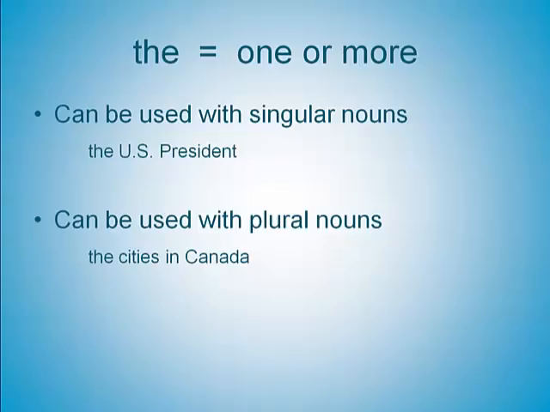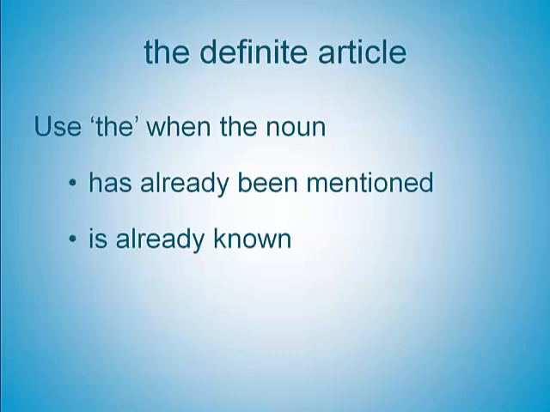Now let's talk about the other article, the. The can be used with singular nouns, one thing, like the U.S. President. It can also be used with plurals, more than one thing, like the cities in Canada. The is called the definite article because it's used when you are definite about which thing or things you're talking or writing about.